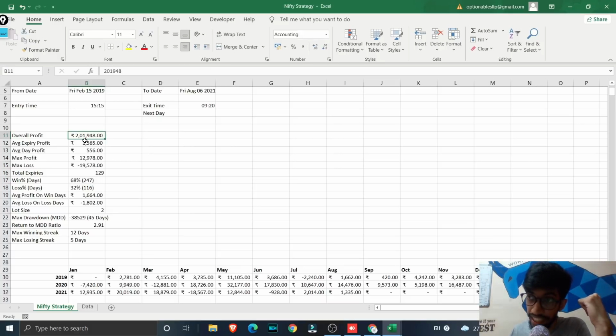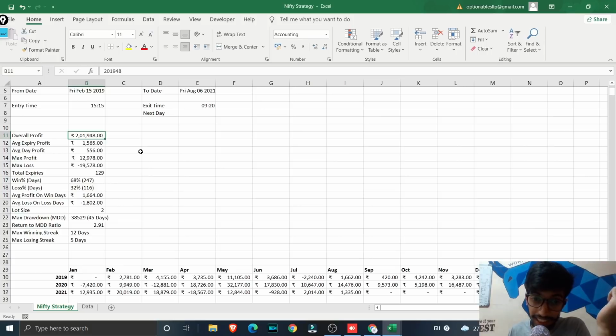Now, to be even safer, even more conservative, you can also buy a far out of the money put option, in case of days like COVID, when the fall was pretty high. On such days, that far out of the money put option is actually going to help you. So you can consider buying this far out of the money put option just for an extra level of safety.